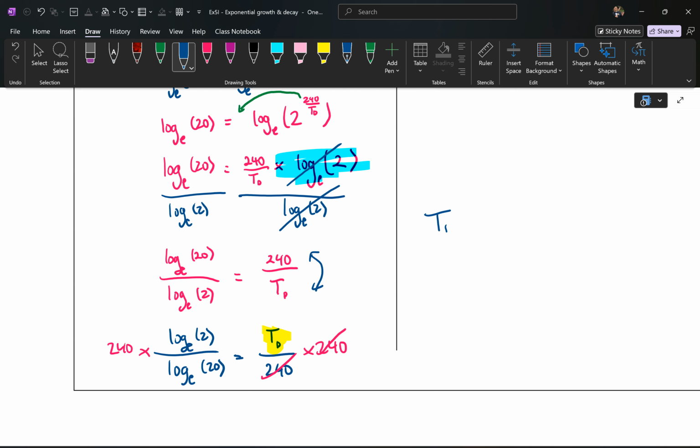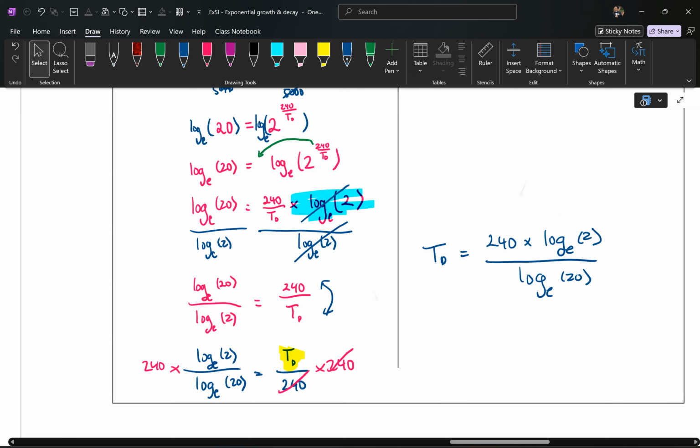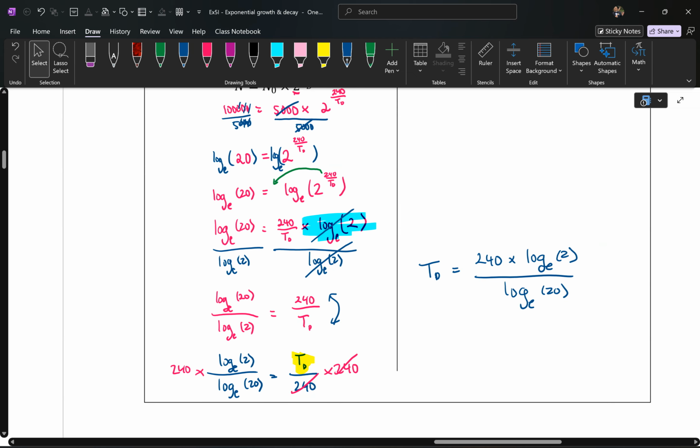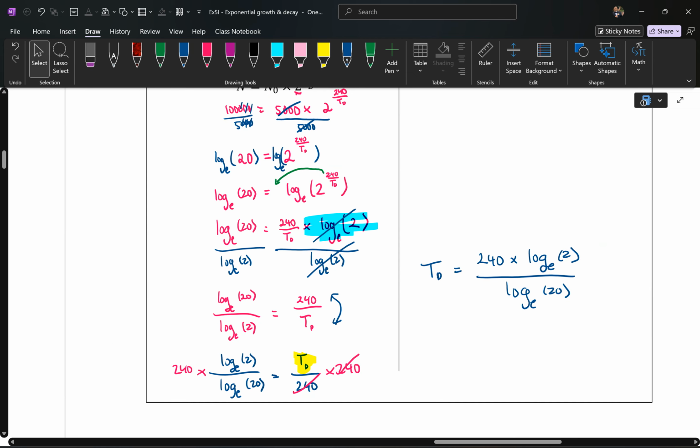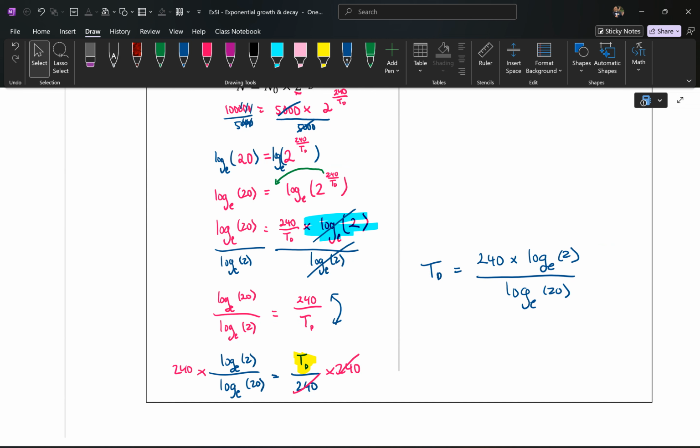So here, TD is equal to 240 times log E of 2 all over log E of 20. Now I know that you could have done it all on your CAS in the first step, but if it was exam 1, if they're looking for an exact answer, then that's what you would do.